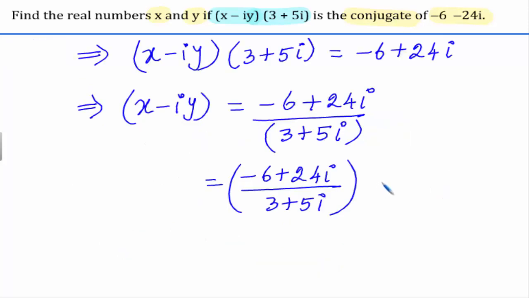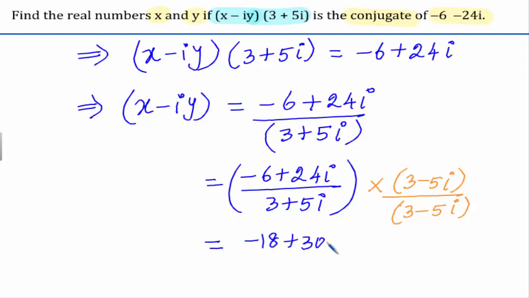Next, we are going to multiply the numerator and the denominator of (minus 6 plus 24i) divided by (3 plus 5i) by the conjugate of 3 plus 5i. It is 3 minus 5i. This will be equal to minus 18 plus 30i plus 72i minus 120i square.